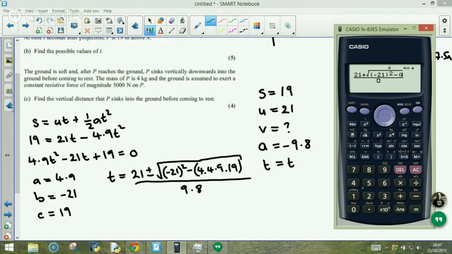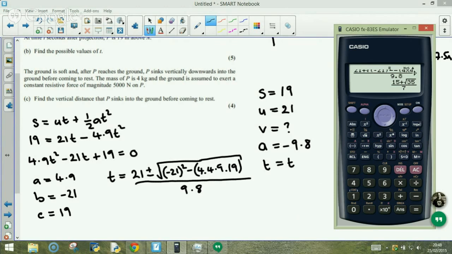Minus 4 times negative, times 4.9 times, why am I so intent on putting a negative in? Times 19. There you go. And that's all over 9.8.